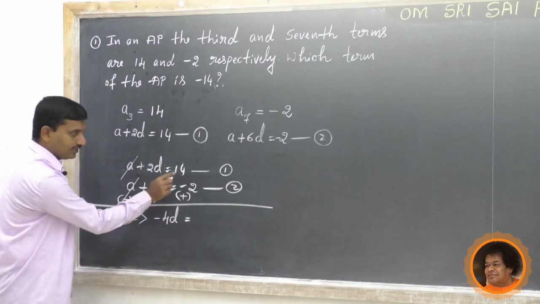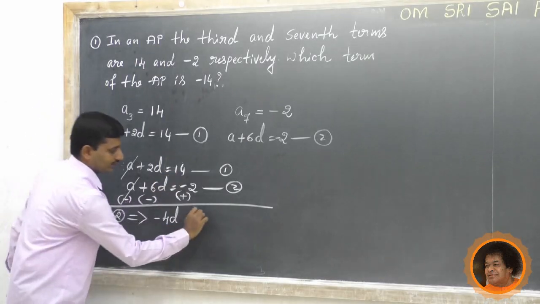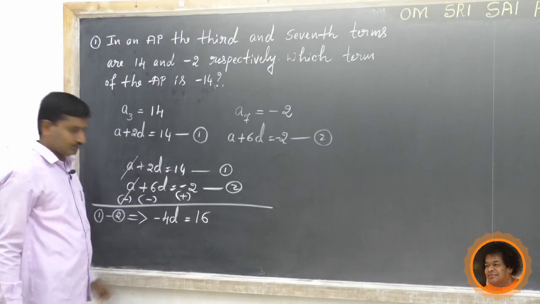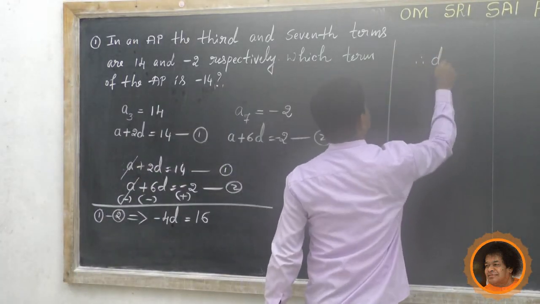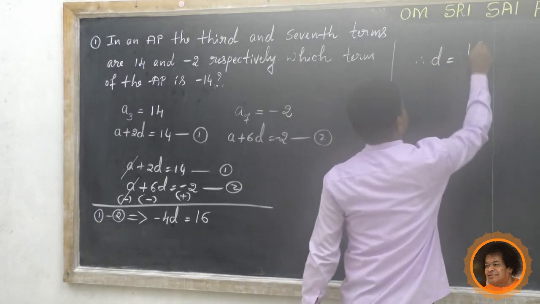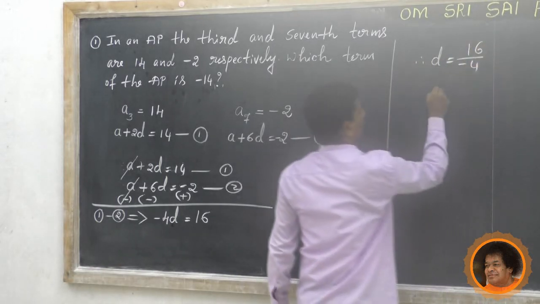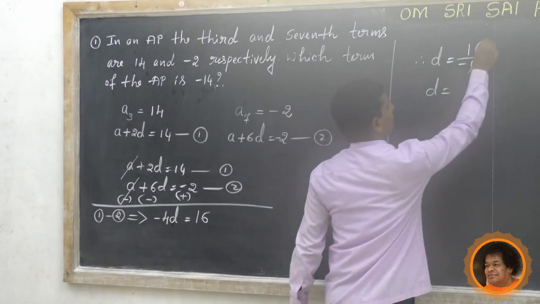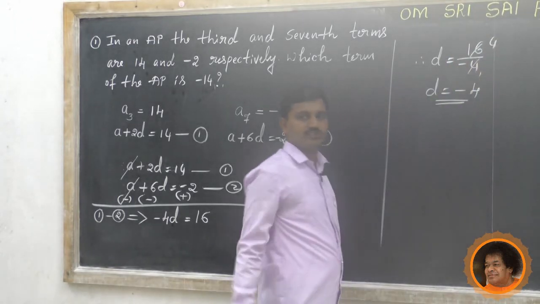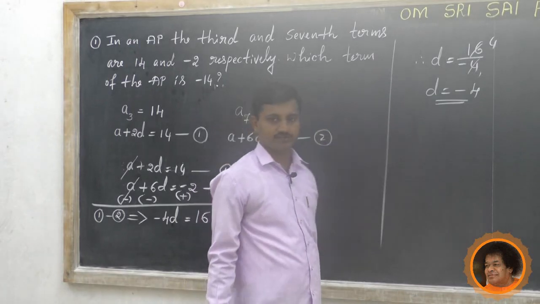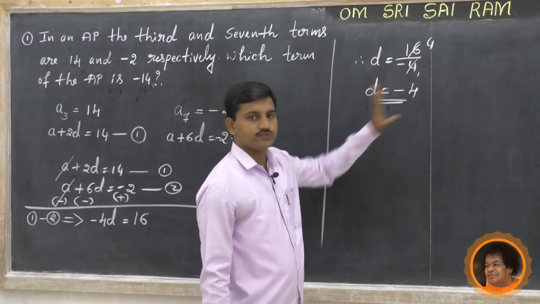Then 14 plus 2, that is 16. So minus 4d equal to 16. So what about the value of d? Therefore d equal to 16 divided by minus 4, 4 1s are 4, 4 4s are 16, so d is equal to minus 4. So this is the value of the common difference. Here the d value is minus 4.